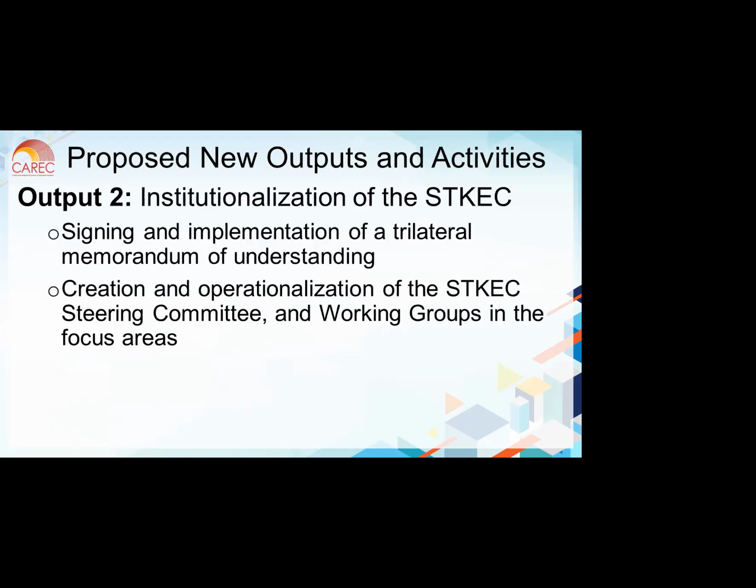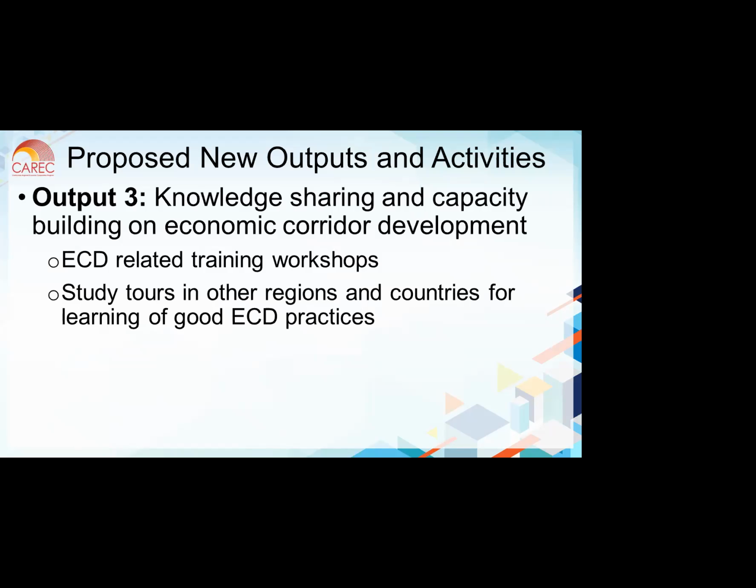And under output 3, there are 2 activities. The first is the conduct of economic corridor related training workshops with focus on specific sectors such as joint border customs control, cross-border agricultural value chains. And the second, conduct study tours in other regions and countries.